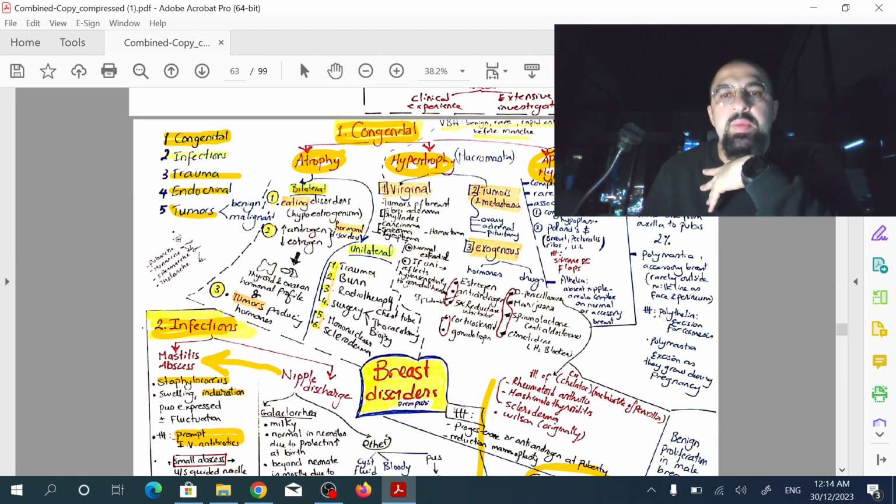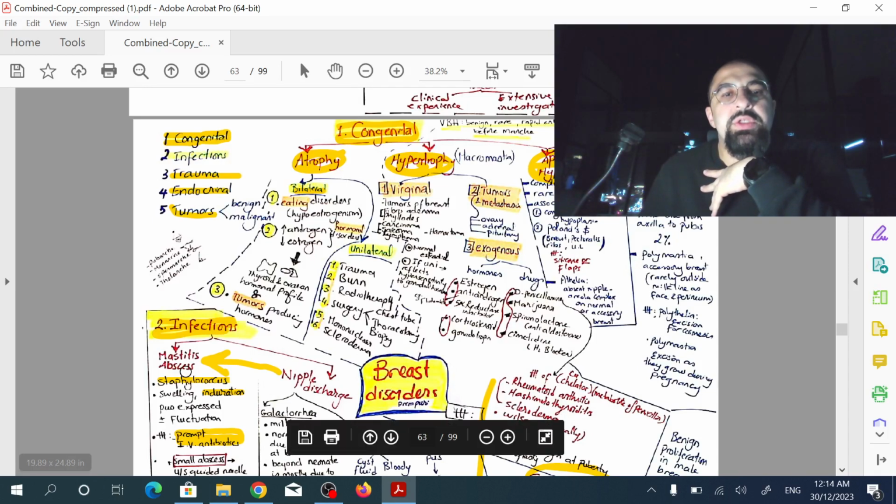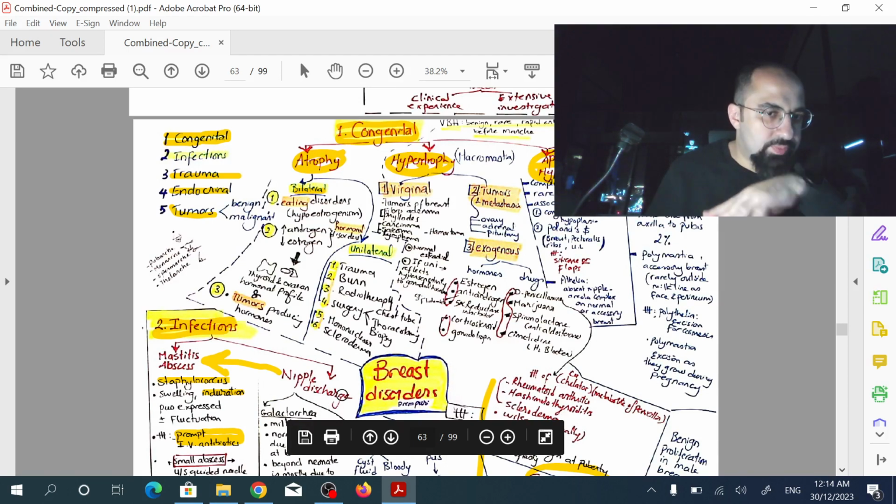Also aplasia and hypoplasia, which can be associated with Poland syndrome or not, and also athelia, polythelia and polymastia, which have to be removed even if small, because they will get larger later in adulthood with pregnancy. Then we talked about infections, and the most important are mastitis and nipple discharge.